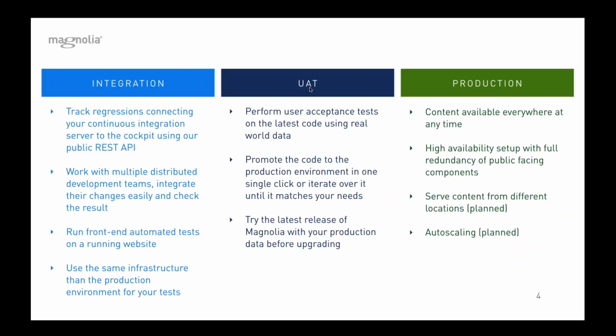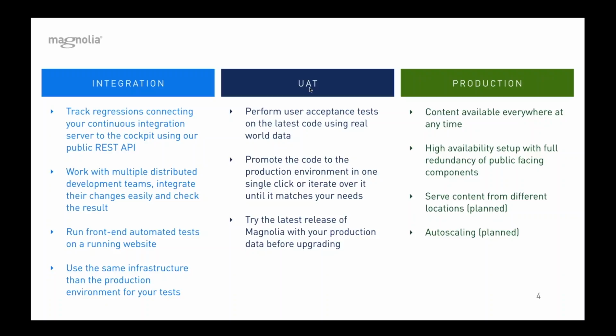The integration environment can be used to track regressions. You can connect your continuous integration server through our REST API to run automated tests. And if your automated tests need a running website, for instance to validate that the pages are rendered in the same way, whatever the device or browser used, this is a very good use case.